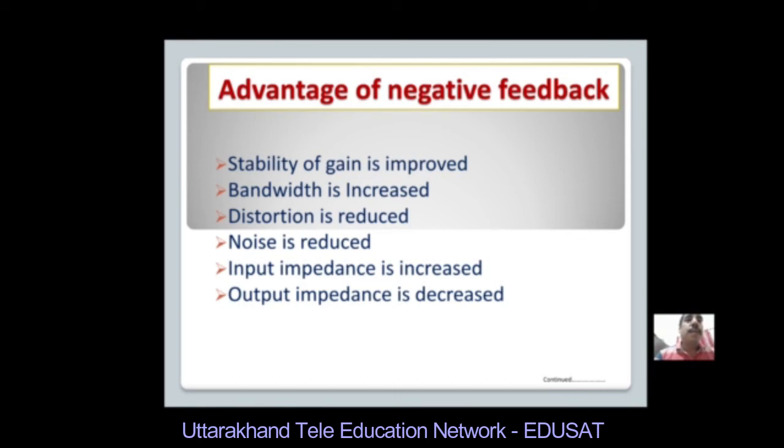Noise in the amplifier is also reduced when we use negative feedback. Using negative feedback in an amplifier, input impedance is increased while the output impedance is decreased, so that the output impedance to input impedance ratio is modified.